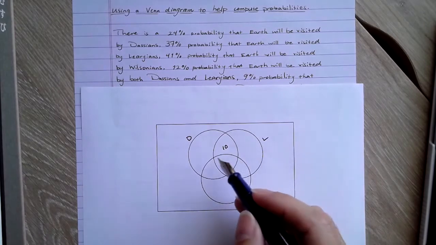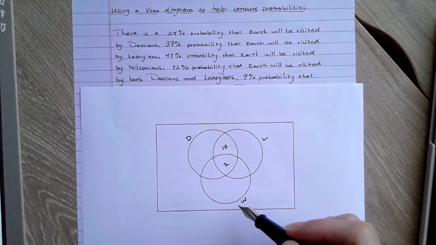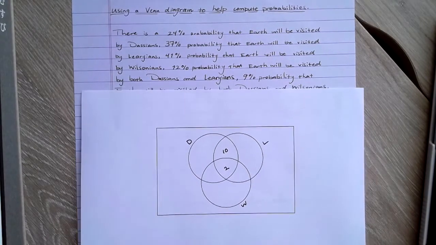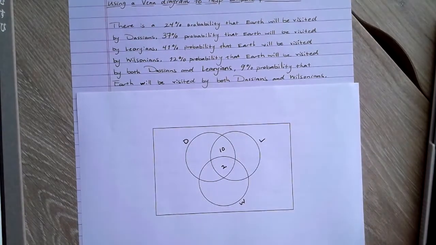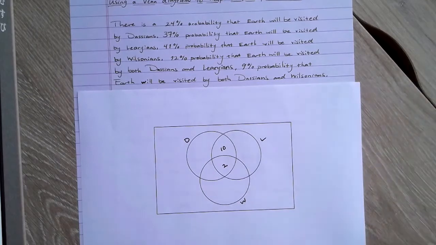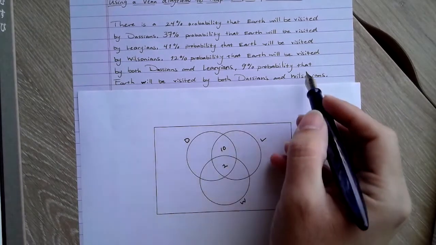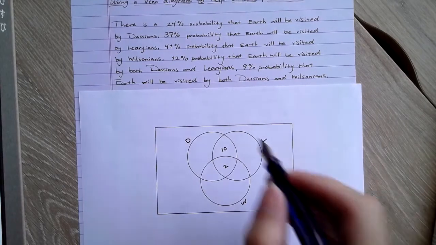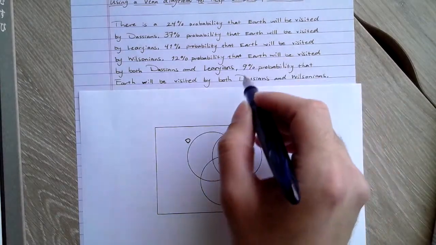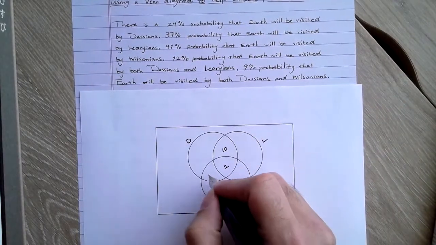Alright, so let's look over here to this region. Dacians and Wilsonians. That has a 9% probability. But we've already accounted for 2% of that, so 9 minus 2.